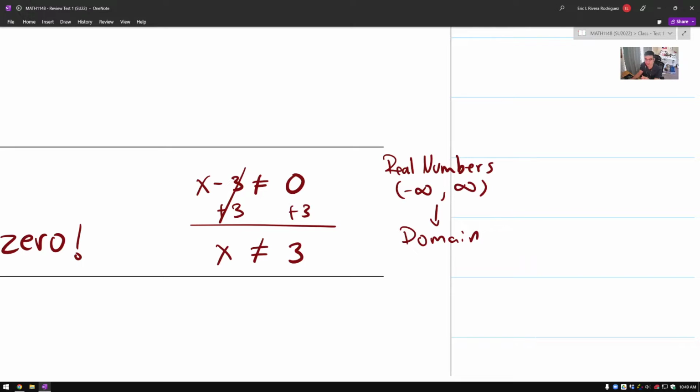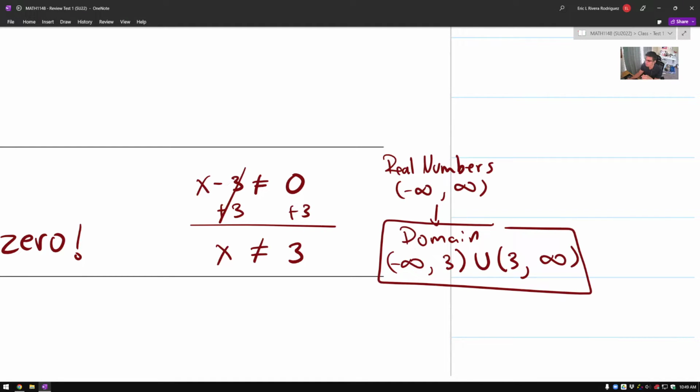The only number that is excluded here is positive 3. So we are going to write the following: from negative infinity to positive 3. We are not going to include positive 3, so 3 is going to be a boundary. Union, we start at 3 again and then go to positive infinity. Okay, so that is the domain of R of x.